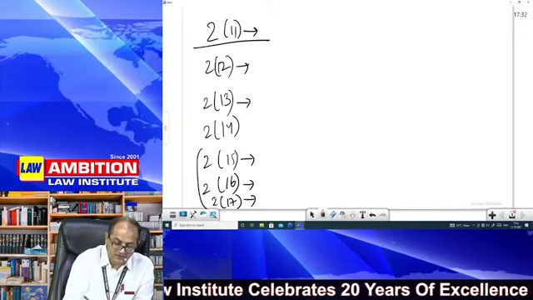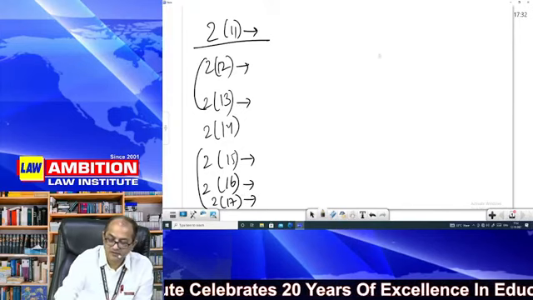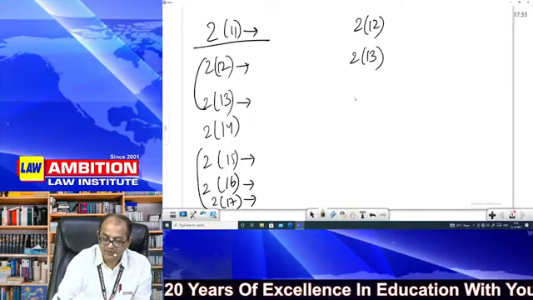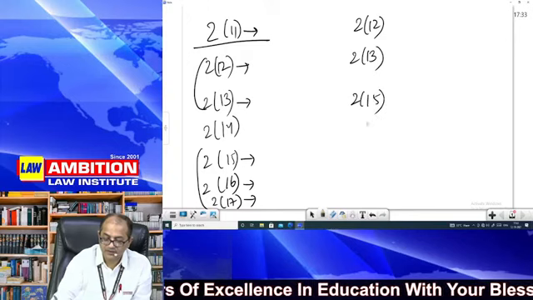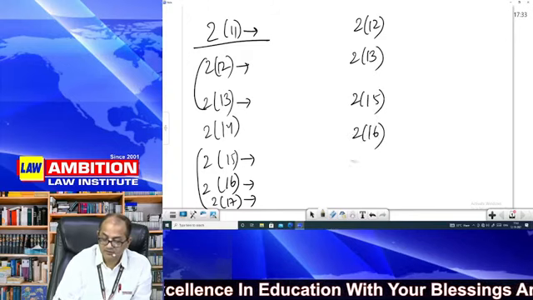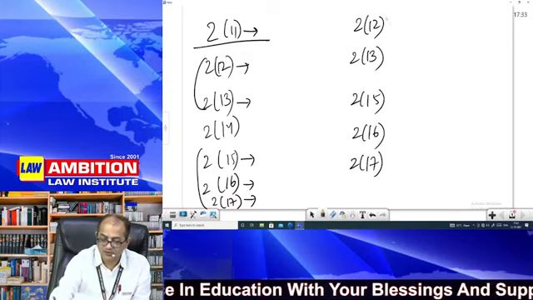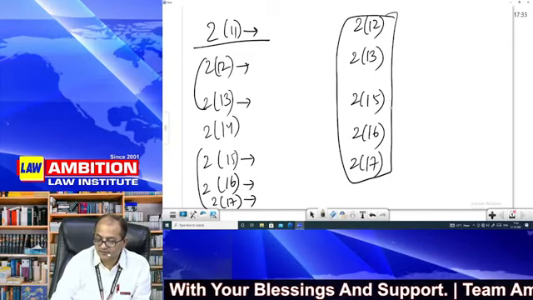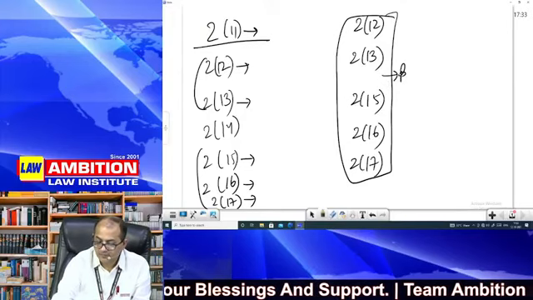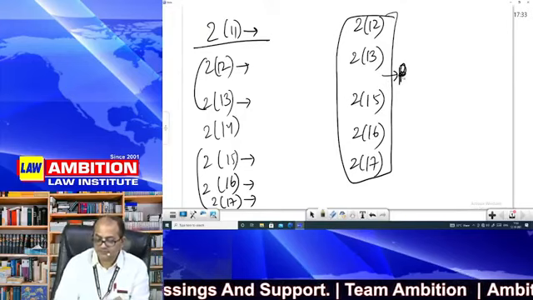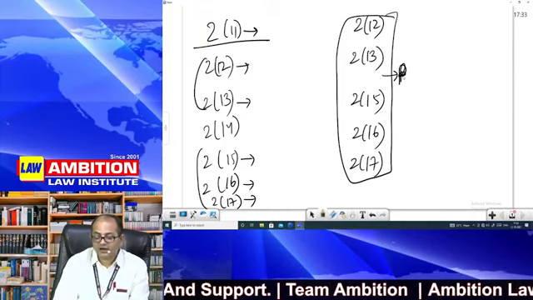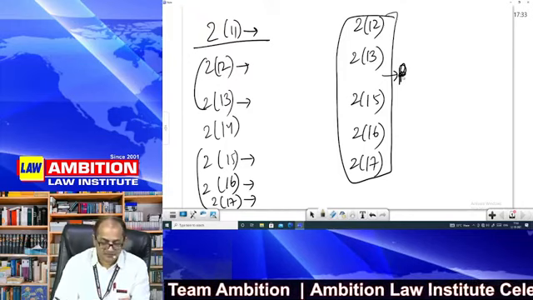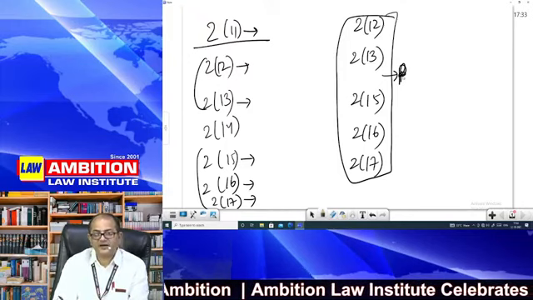Now, 2.12, 2.13, I'm not talking of 14 right now, 2.15, 2.16, 2.17. In all, what is common, I tell you, in all there is P. M-N-O-P. O is the 15th alphabet.